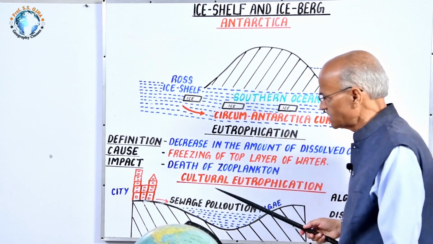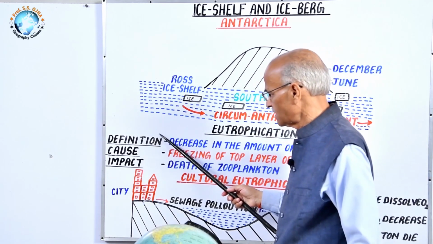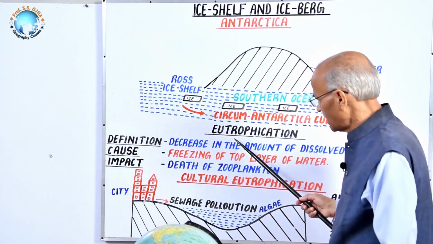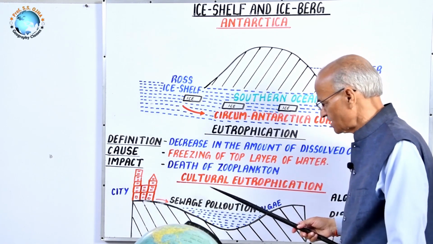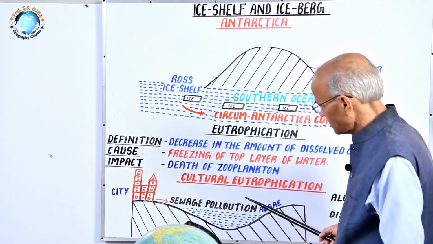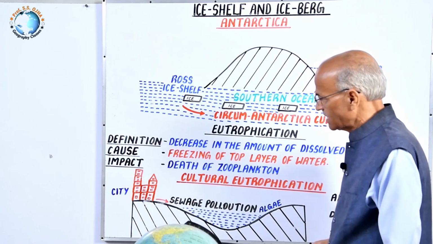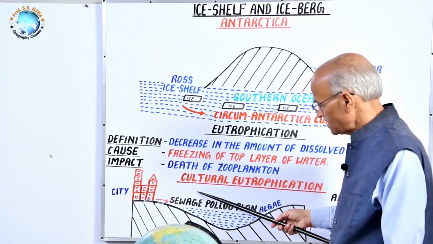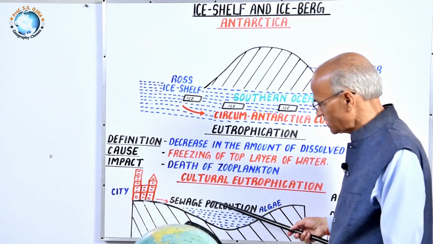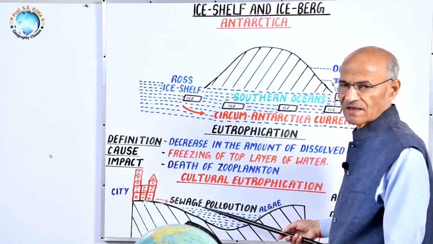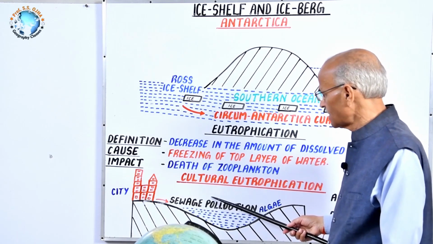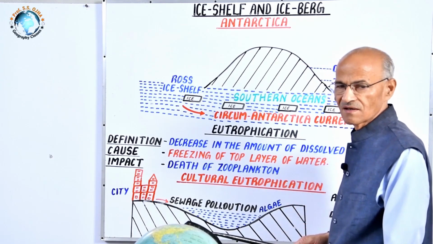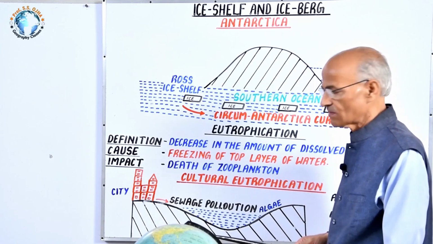You need its definition, then its cause, and then impact. And like eutrophication, there is also cultural eutrophication, although the mechanism and process are the same, but here it is caused by human activities. It is the impact of pollution, but simple eutrophication is the impact of a natural process.